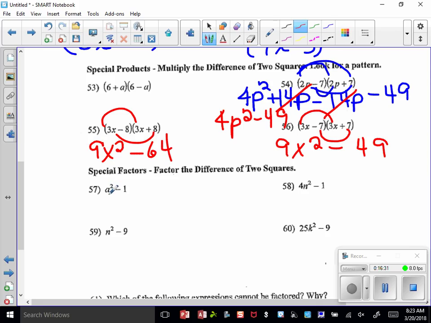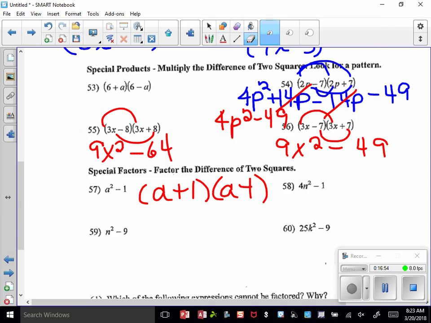If this is a squared minus 1, you know 1 is a perfect square. This is like 1a squared. So what's the square root of 1? 1. So it's a perfect square. Square root of 1 again is 1. So all you write is a plus 1, a minus 1. There's no middle term. That is a minus sign there.